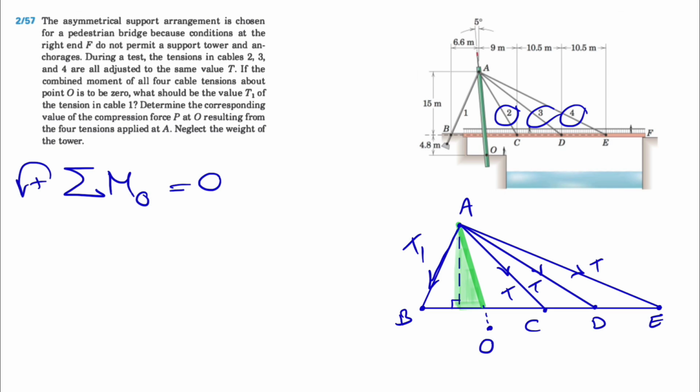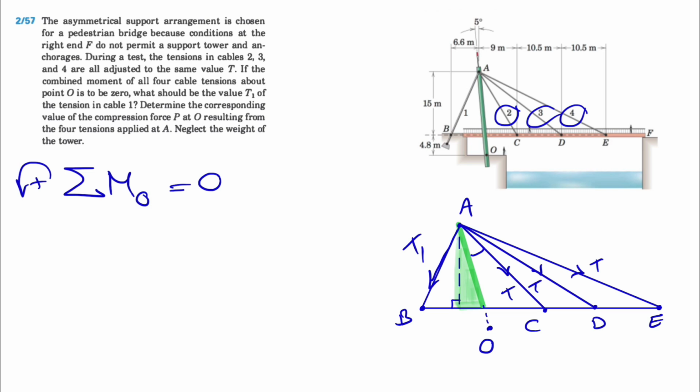To find the moment of all these 4 tensions as fast as possible, we can find the angle of each of these tensions with OA. That way we can resolve each tension into parallel and perpendicular components with respect to OA.